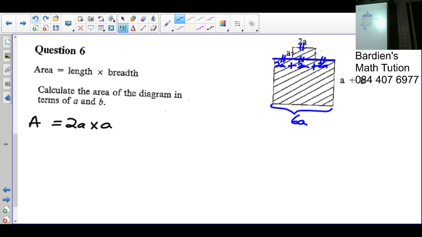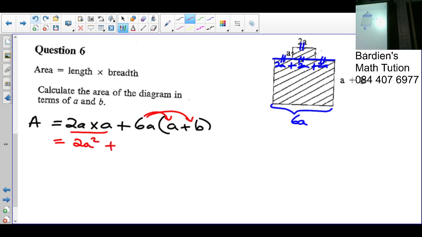So that will be plus 6a into. Okay, so what do we do now? Multiply it. So it's going to be 2a times a, 2a squared plus 6a times a, 6a squared plus 6a times b.